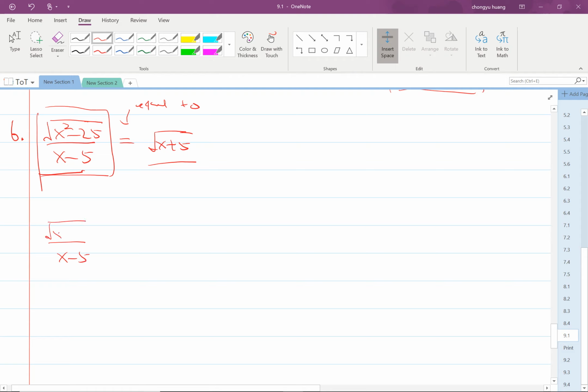Let me write it down first. Let's do a little bit more simplification, because over here we can write the denominator as x plus 5 and then x minus 5, right?